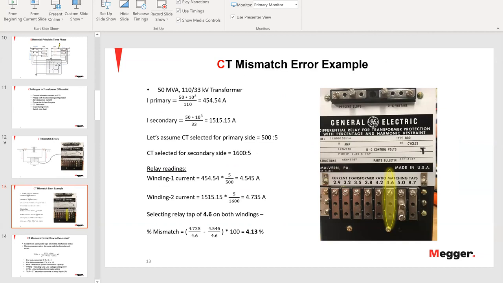So you can go to 3 points after the decimal and so forth, depending on the manufacturer. So there would be no CT mismatch error compensation required when you're using numerical relays, as you can put in exactly what the CT secondary output is.